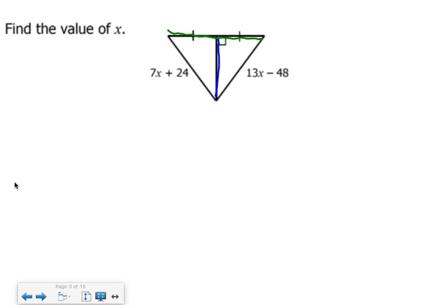And is it bisecting that side over there? Yeah, those tick marks are telling me that. So what's an equation I can do to find x? 7x plus 24 equals 13x minus 48. Yep. Because I know this endpoint here is equidistant from those sides. Perfect.